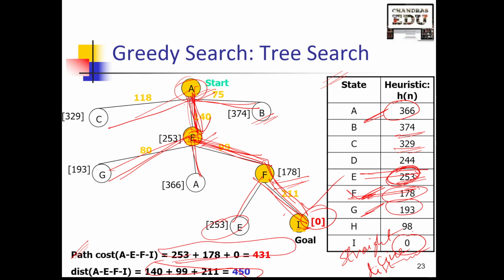So with the normal distance approach, that is our path cost, we get 450. But when we go by the straight line distance, that is the heuristic function h of n, the cost we get is 431, which is less than 450.